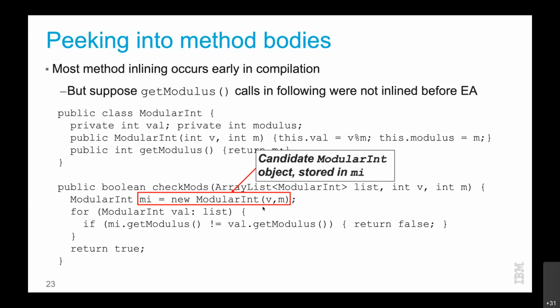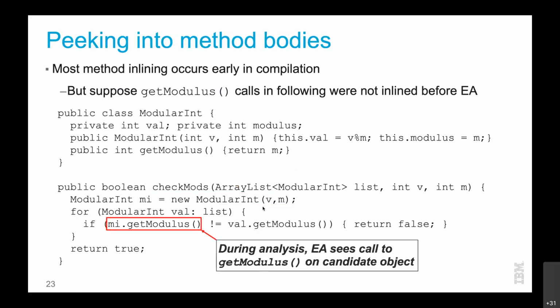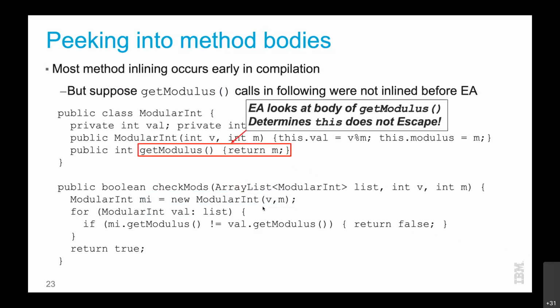But let's say that the getModulus method was not inlined for whatever reason. I said before that this would look like an escape to escape analysis, but in the process of peeking, EA can look at the actual implementation of getModulus and determine, in fact, that this object that's passed there does not escape.